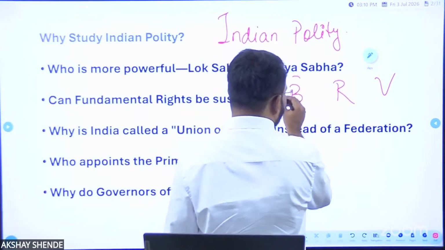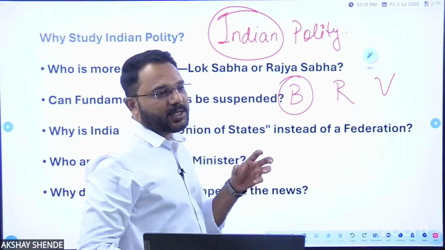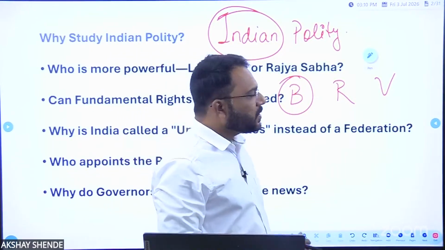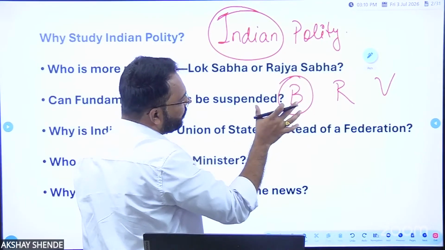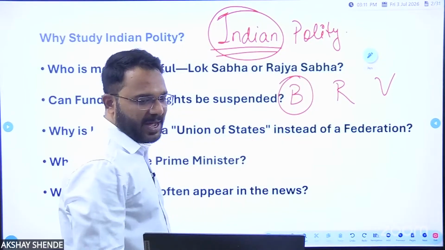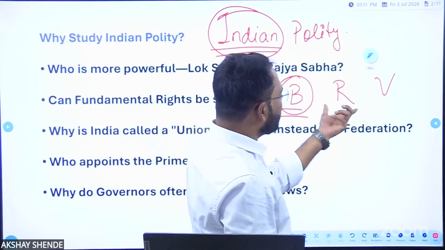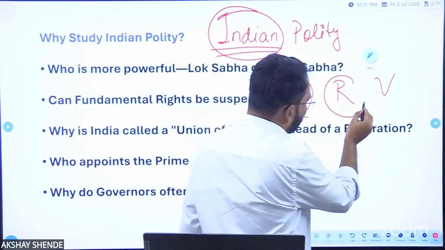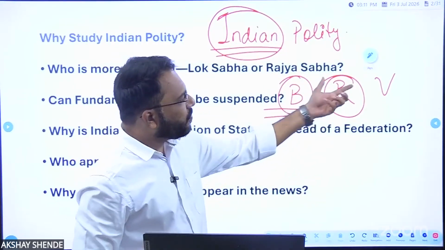So this Bharatiya, or this Indian, denotes the country. We are talking about the whole system of which country? The name of the country is Bharat. Now second comes the term Rajya, Rajya Vyavastha.